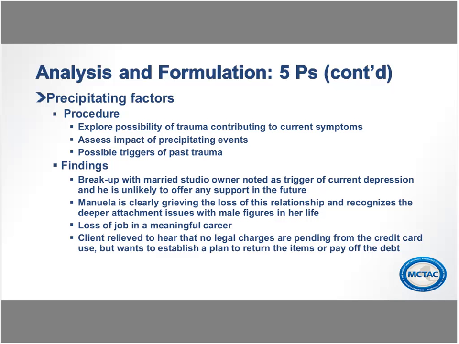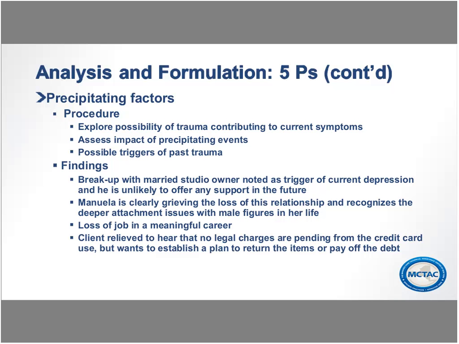We'd want to assess the impact of these precipitating events on her current functioning, and again, did something in the present trigger past trauma? Also, trauma isn't necessarily a singular event. It could also be the cumulative nature of stress, which of course can be very traumatic. It has the same neurobiological impact, so we'd really want to know what role stress plays in her life.